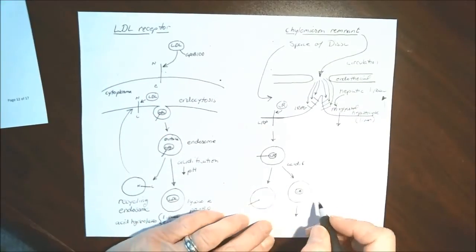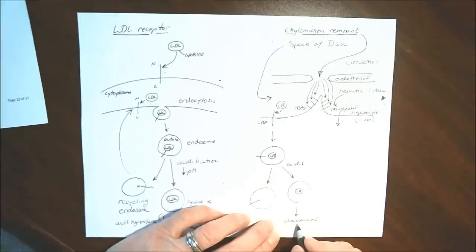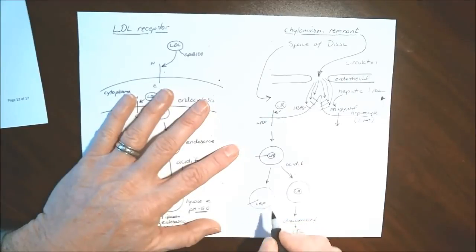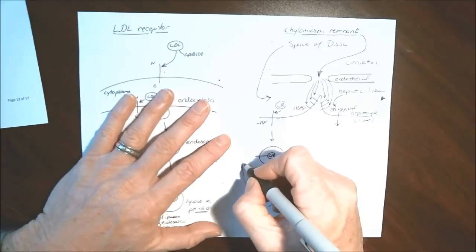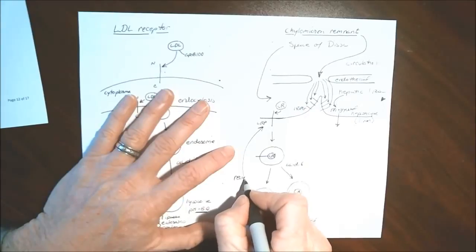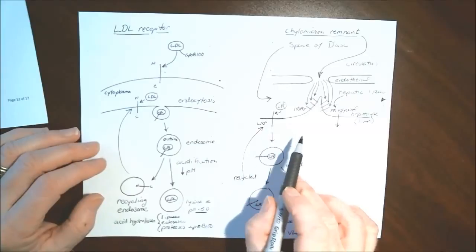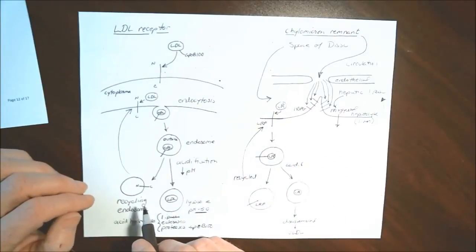This will ultimately be disassembled and restructured into VLDL in the liver, whereas the LRP receptor that has undergone the internalization event for chylomicron remnants will be recycled back to the surface of the hepatocyte, allowing for the next round of chylomicron remnant internalization.